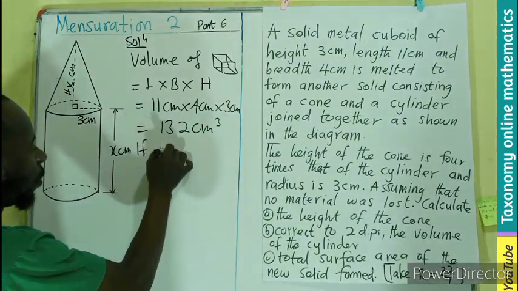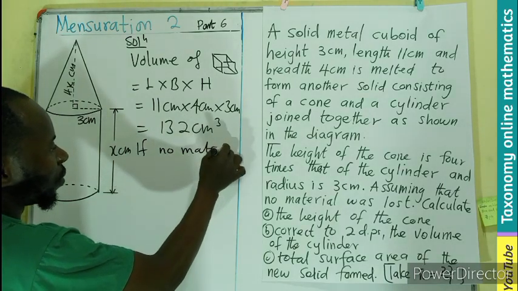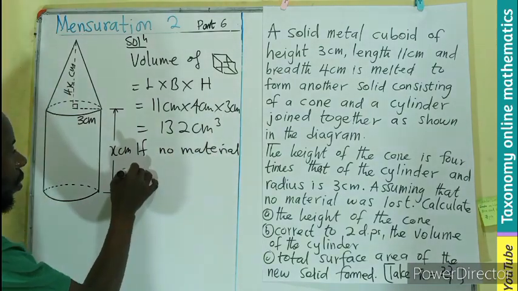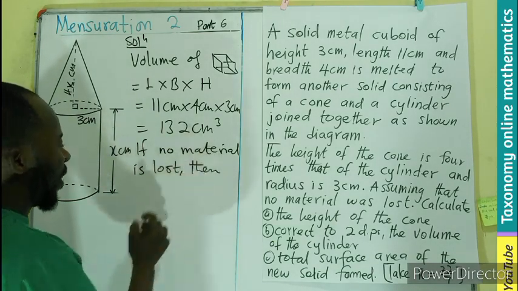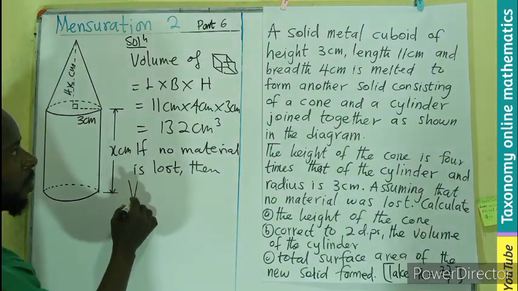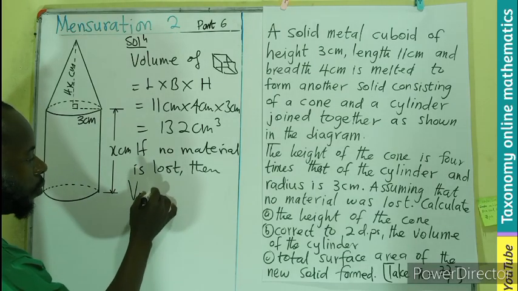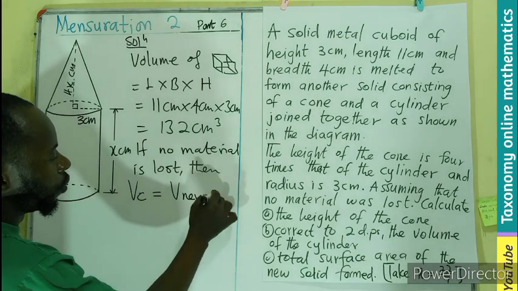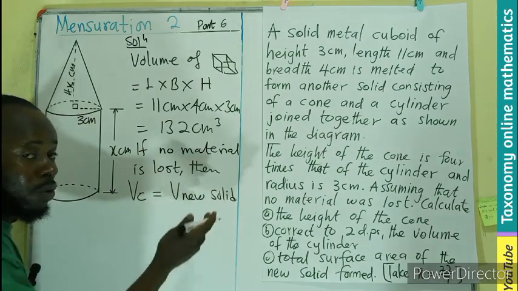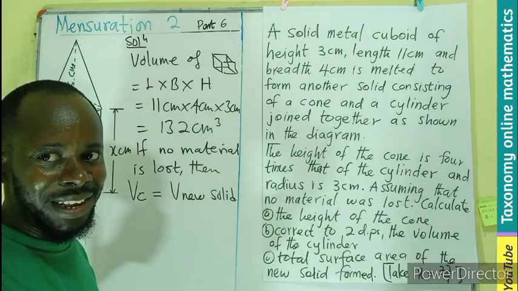So if no material is lost, then we can say that volume of cuboid will be equals to volume of new solid. You write all these in words, but we are managing the space.